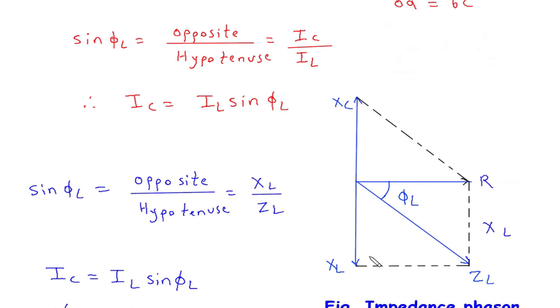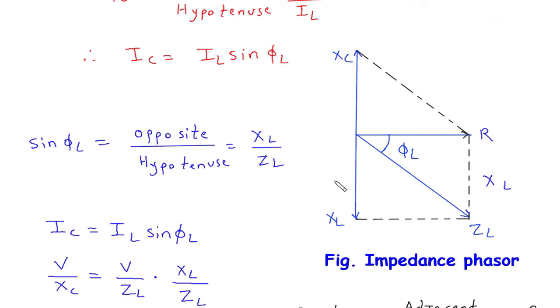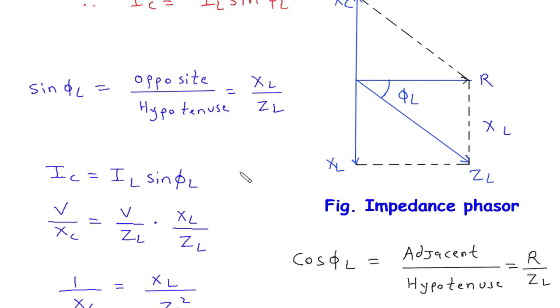So this XL is equal to this XL. Now again sin phi L is equal to opposite upon hypotenuse. So the opposite of this angle is XL divided by the hypotenuse, which is ZL. From this impedance phasor we can find sin phi L in the form of impedance.